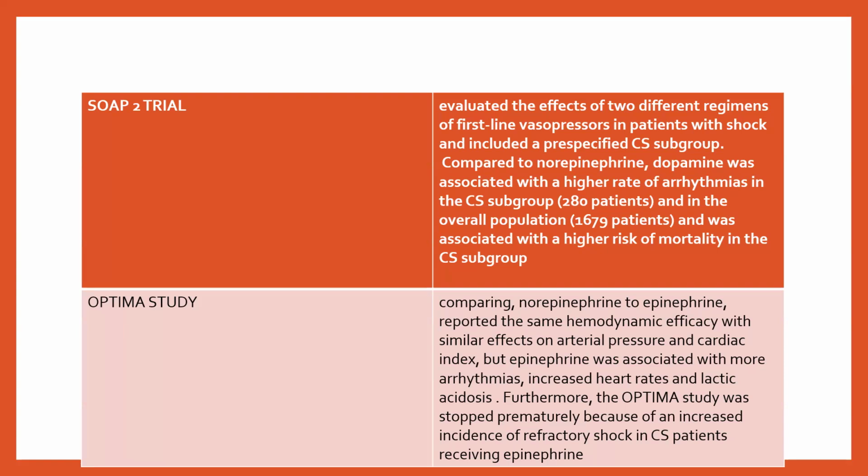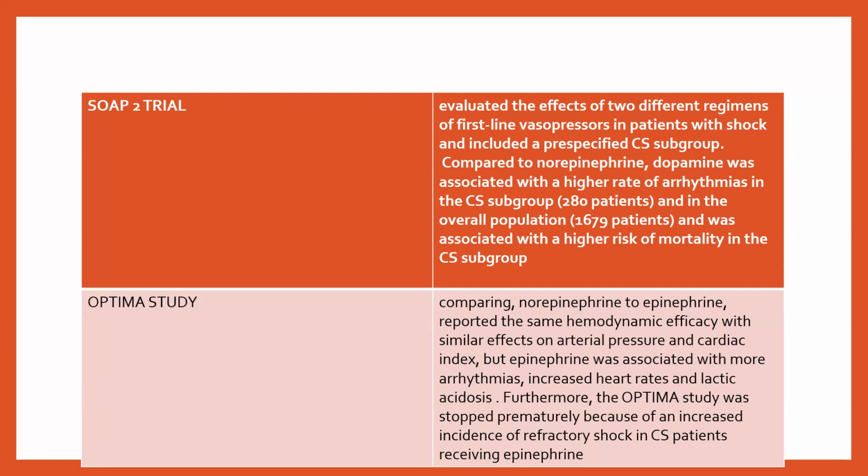So first is the SOAP II trial, which compared norepinephrine and dopamine. They found a high rate of arrhythmias in the cardiogenic shock subgroup and overall population, and there was a higher risk of mortality in the dopamine group.